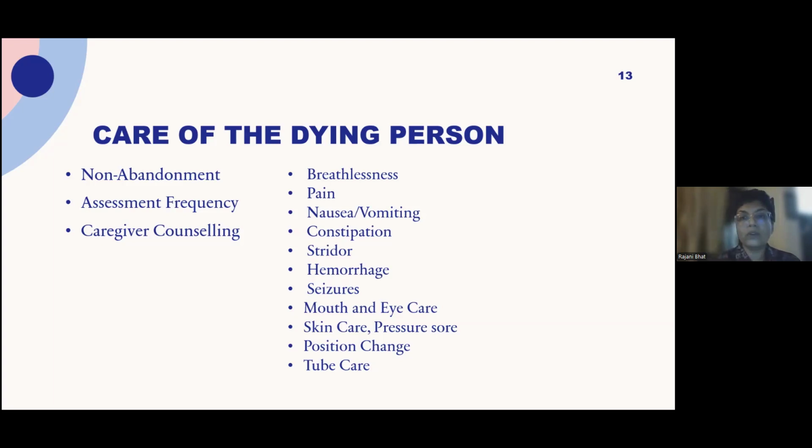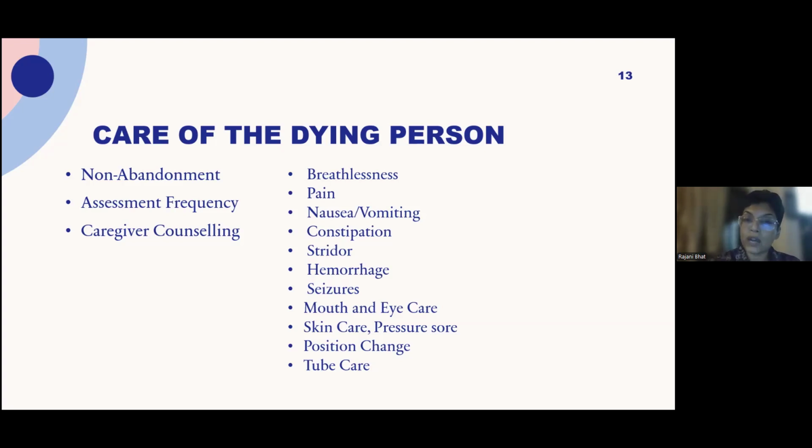So, the way we normally think of treating any of these symptoms when we are in the curative phase is very different from when we are in the end of life phase. The breathlessness, pain, nausea, vomiting, constipation, you've already been through modules which speak about opioids, benzodiazepines, and all the non-pharmacological means that we address that with.